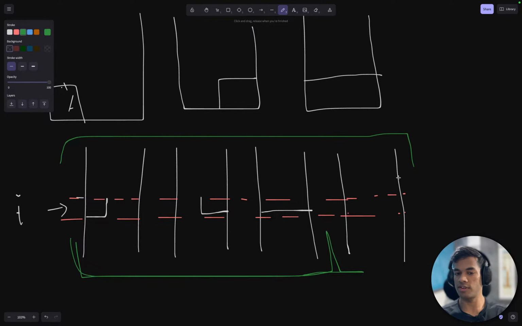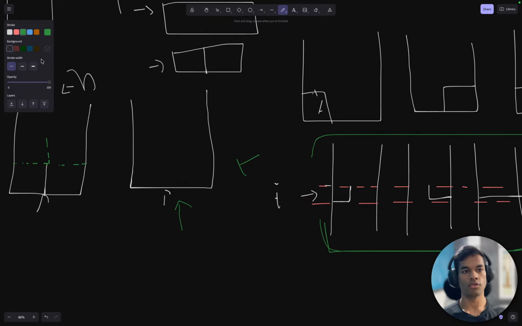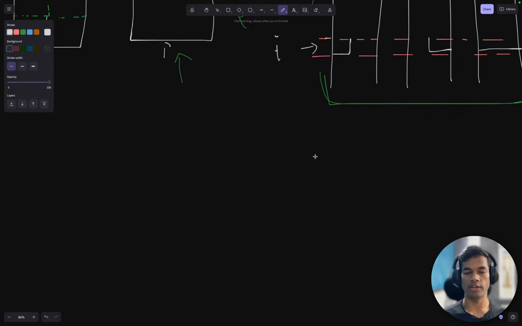And we just have to make sure that nothing is overlapping. So let's go with our 2 by 2 example.